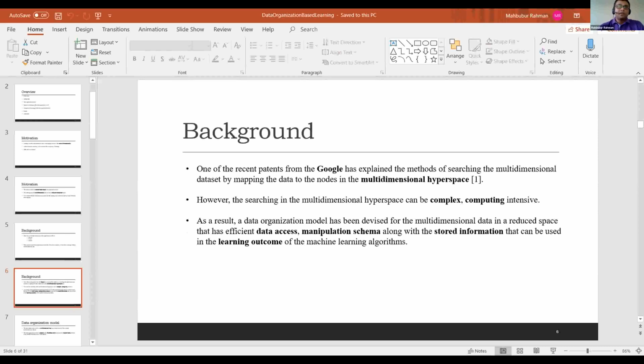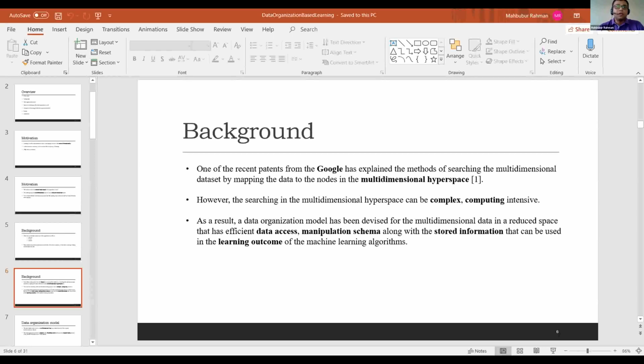However, searching in this multidimensional hyperspace can be complex and computing intensive as well. As a result, we have introduced this data organization model in a reduced dimension that has efficient data access and manipulation schema, along with stored information that can be used in the learning outcome of machine learning algorithms. So this is the motivation and background of this research.